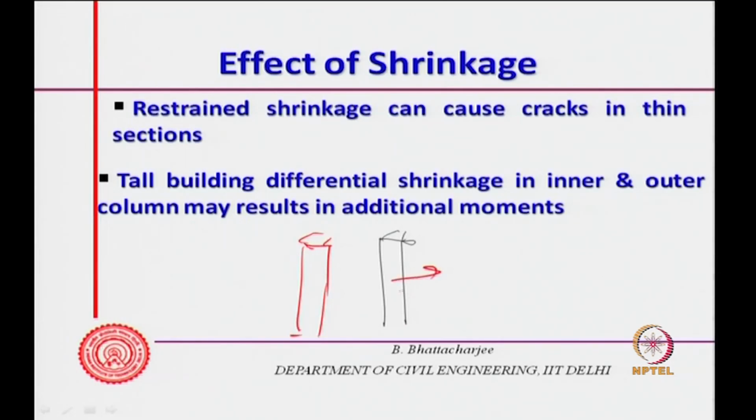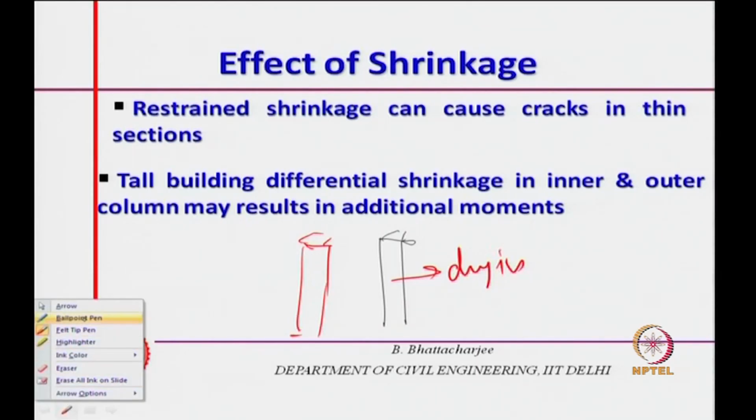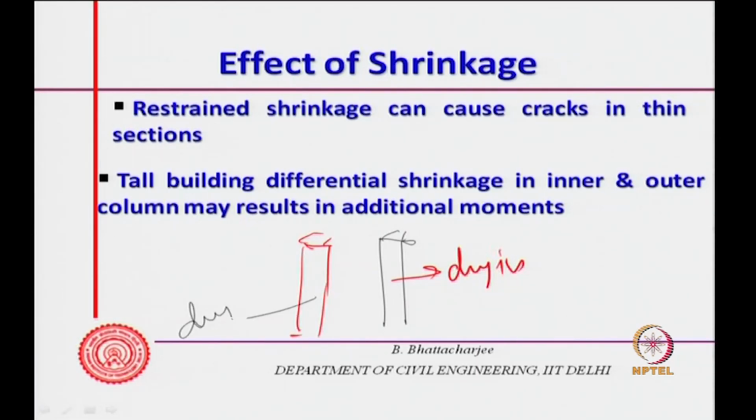Now, drying here is different than drying in this one, so they will be different. This could be shrinking more if it is drying more, depending upon the situation. If there is a differential shrinkage or strain in a very tall building, like differential creep, because in case of creep loads were coming different.